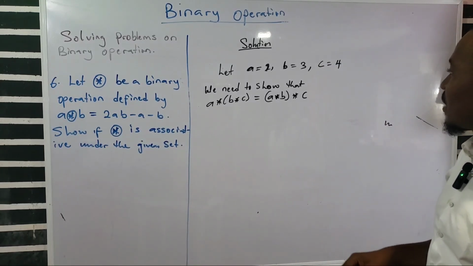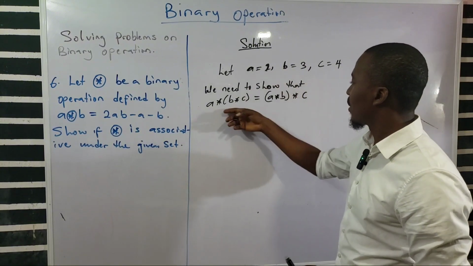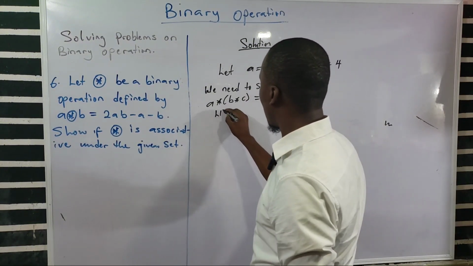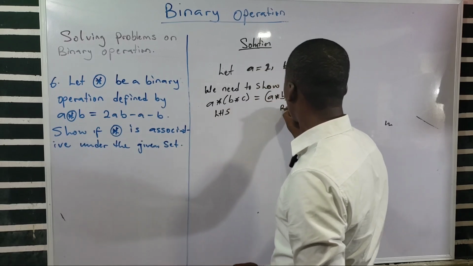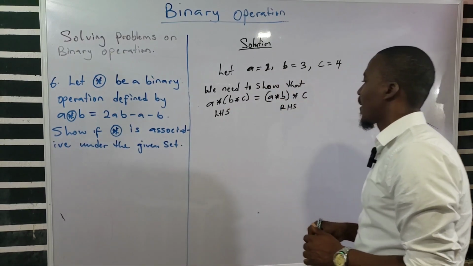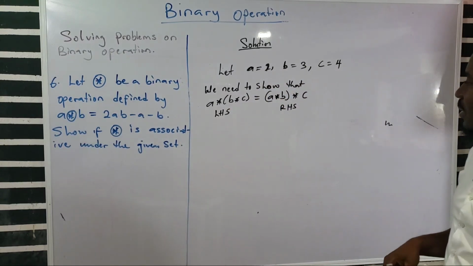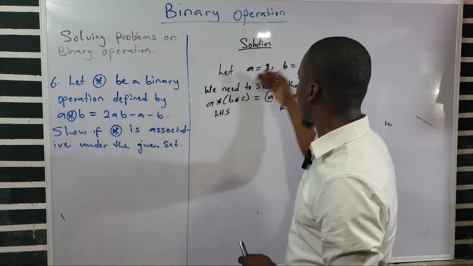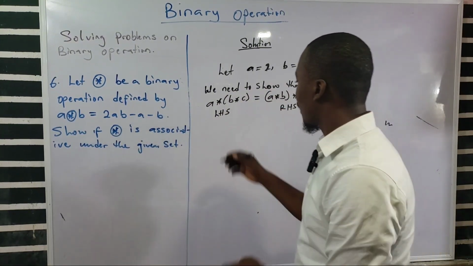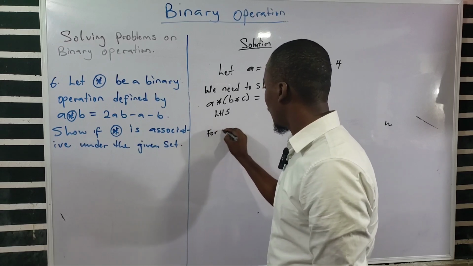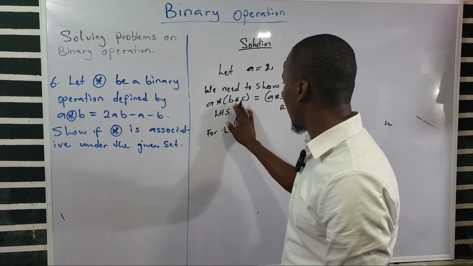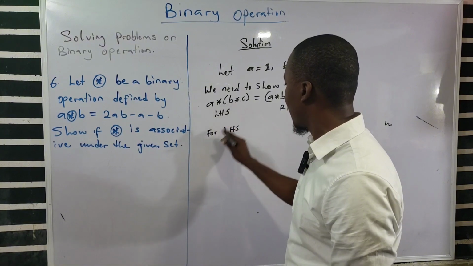So if it's associative, no matter the number you pick, these two are going to be the same. So let's call this one our left-hand side and this one our right-hand side. Now let's solve this, obeying the rule of combination, and see what we have. For the left-hand side, let's take care of the inside bracket.